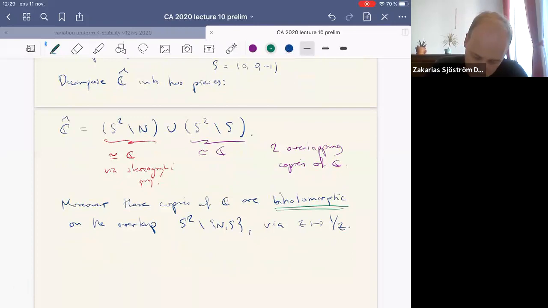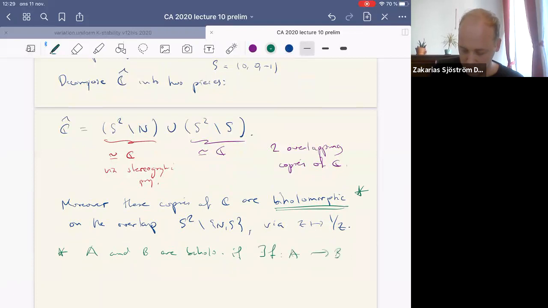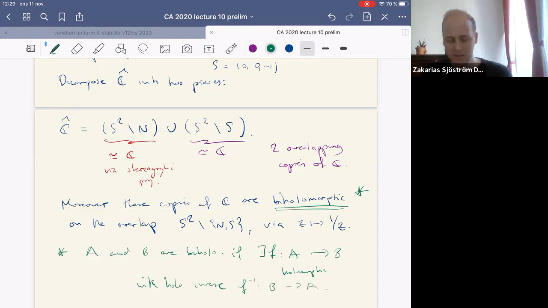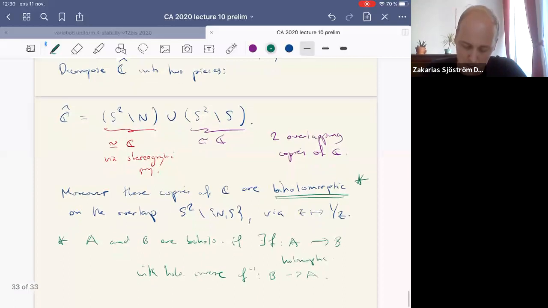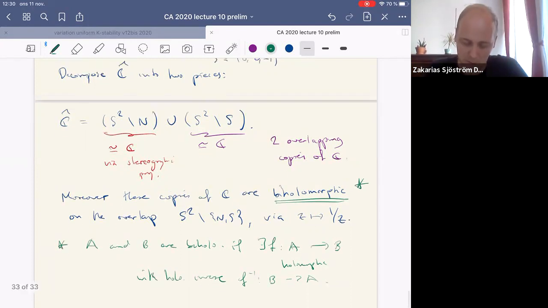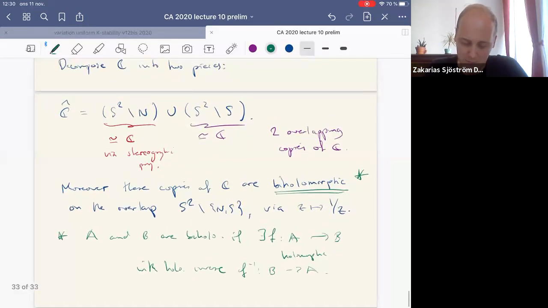So it means that A and B are biholomorphic if there is some map like this, which is holomorphic, with holomorphic inverse, from B to A. So it's what you are used to, this kind of terminology, but you ask that both the function and its inverse are holomorphic instead of continuous or something like that that you will have seen in other courses of your life.